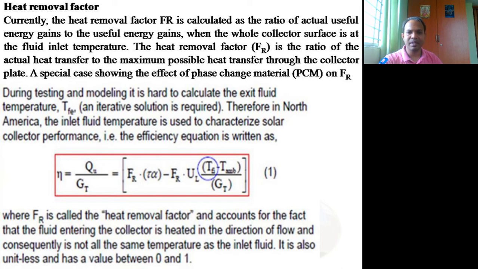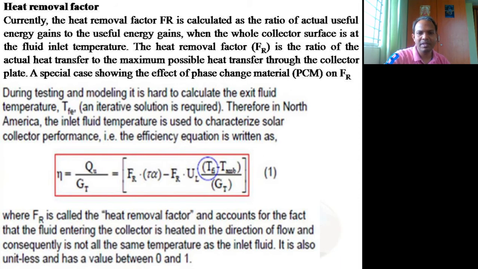That is, the efficiency equation is given by QU by GT. We take it for a unit surface area, so it is the ratio of the actual heat transfer to the maximum possible heat transfer.